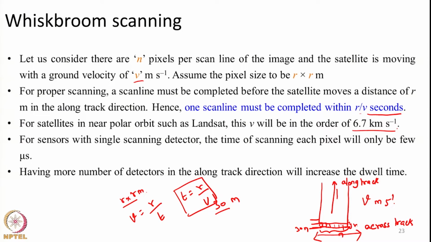Hence, scanners such as a line scanner, which has only one detector element, or a whisk broom scanner, which has a small number of detectors, will have a very small dwell time, on the order of microseconds. Having more detectors in the along track direction will increase the dwell time to some extent. This maybe we will see by an example.